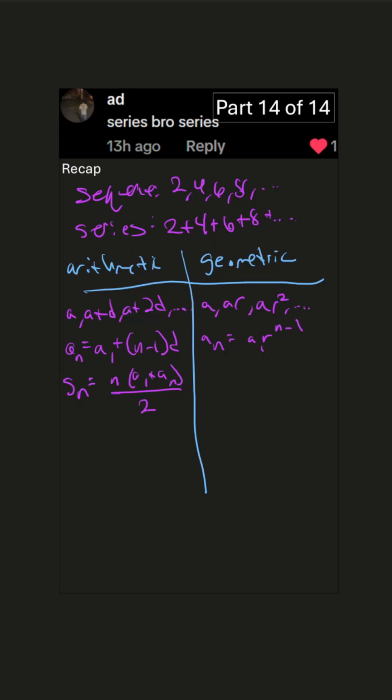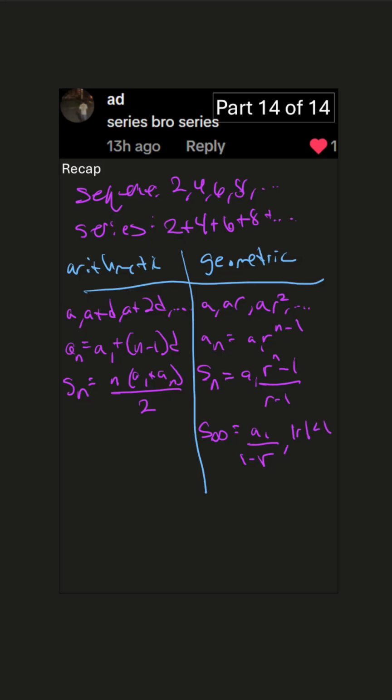For geometric, s sub n equals a sub 1 times r to the n minus 1 over r minus 1. And then we looked at infinite geometric series. That sum equals a sub 1 over 1 minus r when the absolute value of r is less than 1.